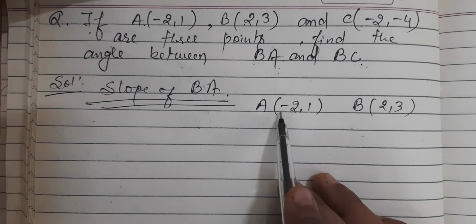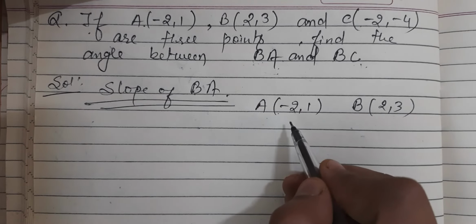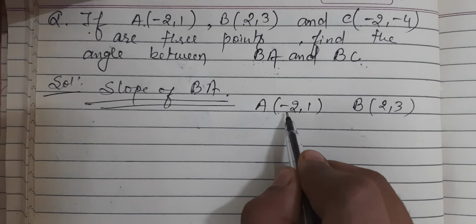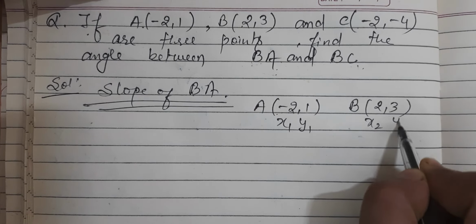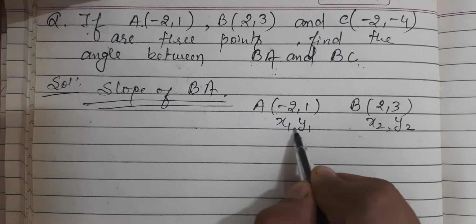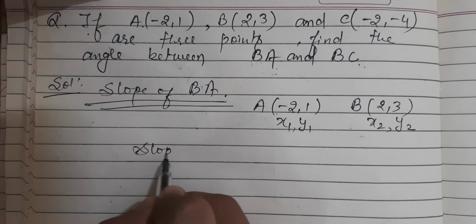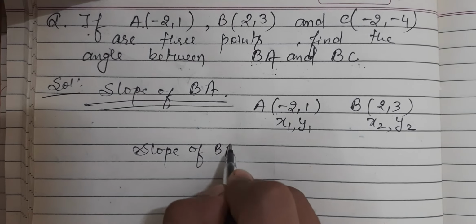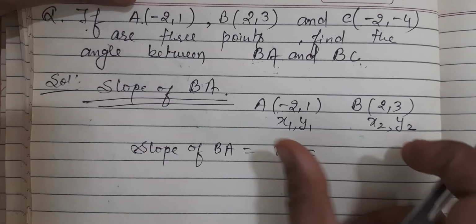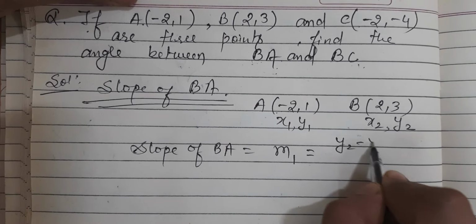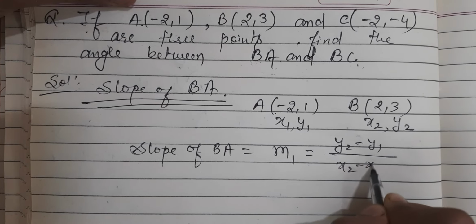The coordinates of point A are minus 2 comma 1. So let this be x1 y1 and let this value be x2 y2. So we can find the slope of BA, and let it be m1. How can we find the slope? If coordinates are given, it is y2 minus y1 upon x2 minus x1.